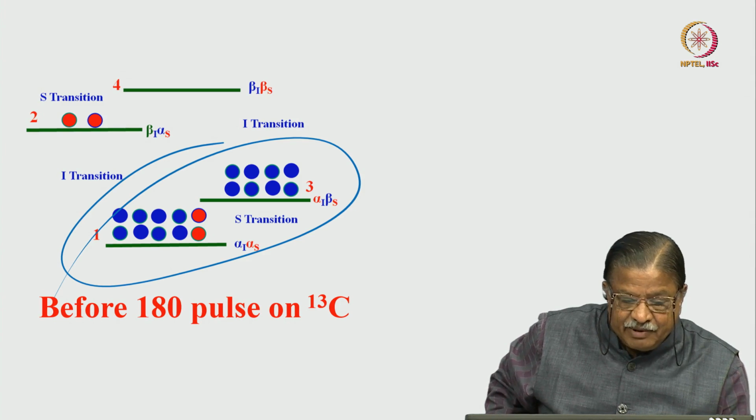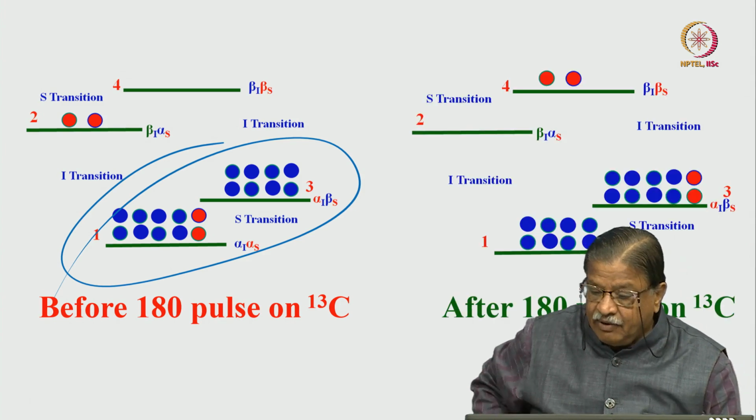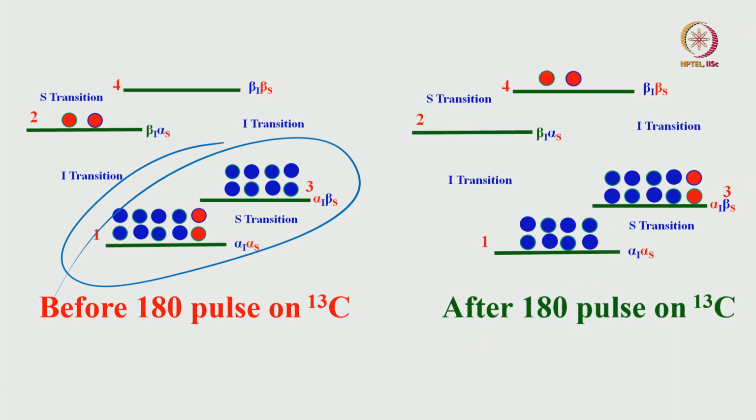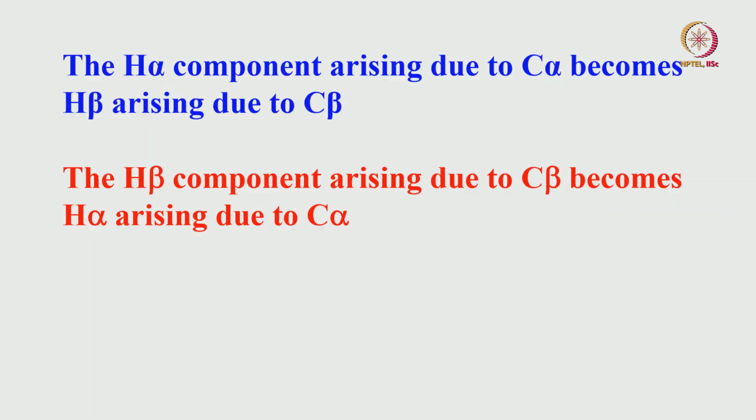This is before the 180 pulse on carbon 13. Now with the 180 pulse on carbon 13, what is happening? See here, these spins have been moved here and this here. The inversion has taken place. Spins from state 2 have gone to 4. Spins which were in 1 came to 2. So the population inversion has taken place for carbon 13, which was along Z.